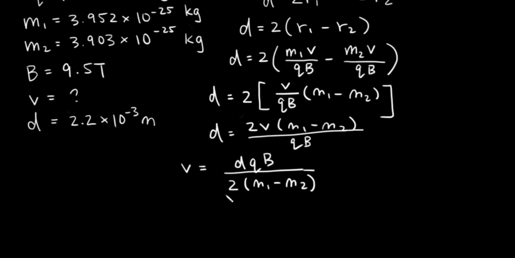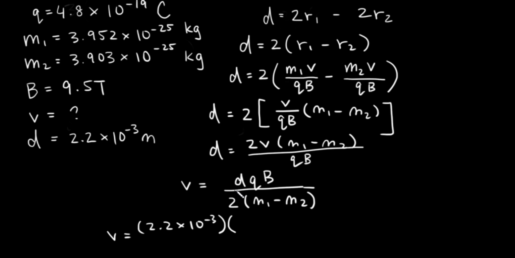Let me just check if this is correct. Yeah. So now all we got to do is plug in the numbers. So D is 2.2 times 10 to the negative 3. Q, that's 4.8 times 10 to the negative 19. B is 9.5.